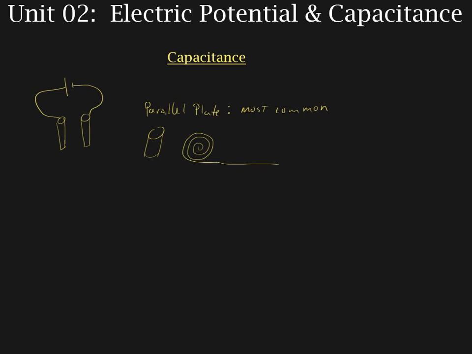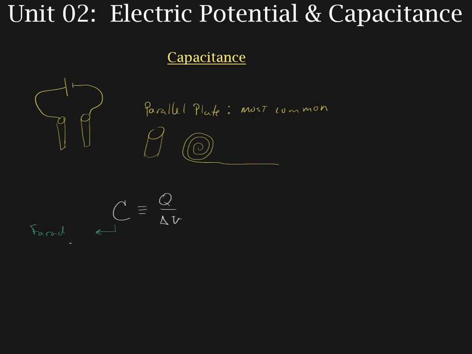Our mathematical definition of capacitance, C, is defined by Q over delta V. C is the capacitance. It has the units of farad, and that's a very large unit.